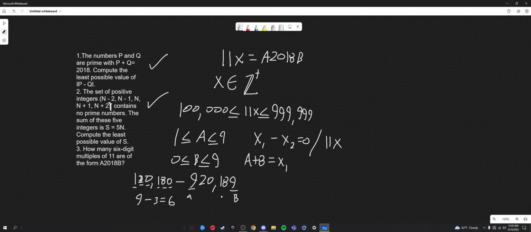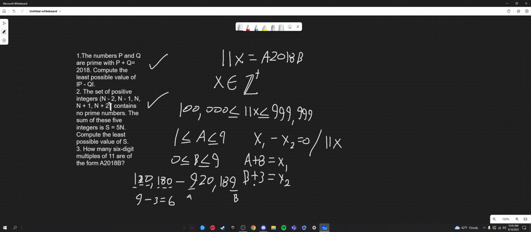Now we look at b. This is the second digit, so it's an even. So we have 2 and 1, so it's 3. We don't include the others. And this is just b. So we have b plus 3. This equals x2.